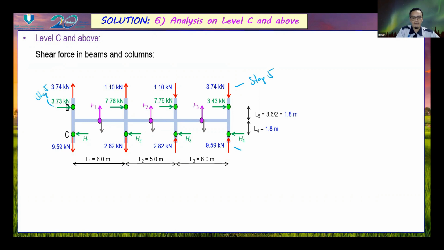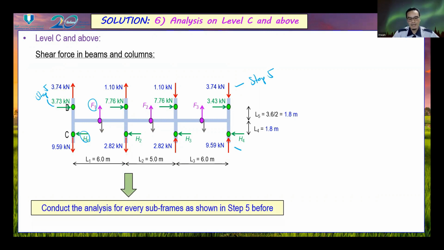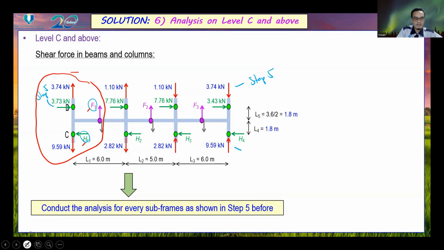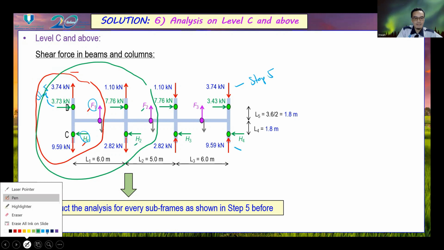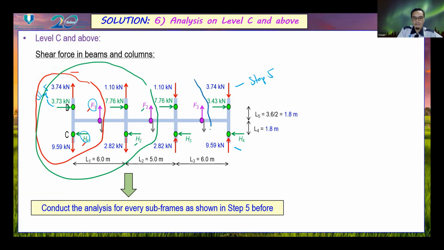And we have to find the value of F and H. We conduct the analysis for every subframe as shown in step number 5 before. We consider the subframe of F1 to the left to obtain F1 and H1, then the subframe of F2 to the left to obtain F2 and H2, and then the subframe of F3 to the left to obtain the values of F3 and H3.